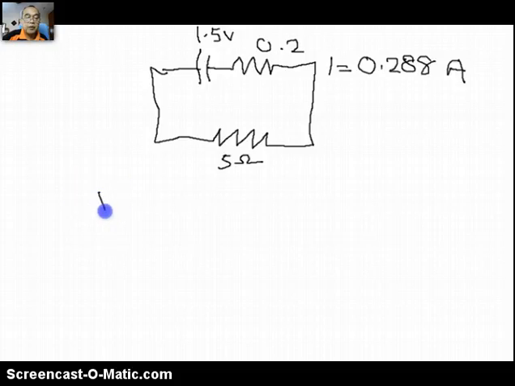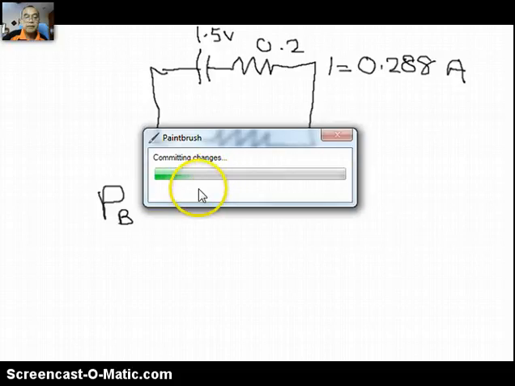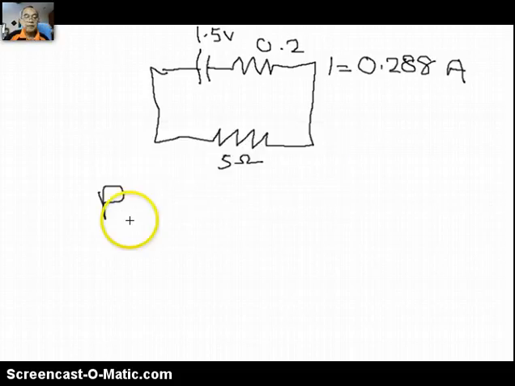The power by the battery, PB, is equal to the total power of the loads, because whatever power the battery gives, the load will take it.